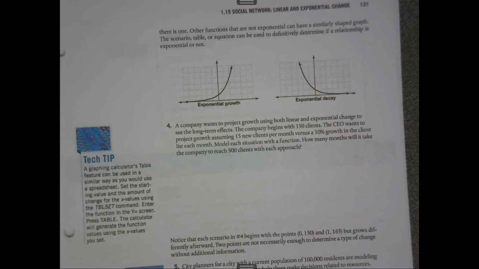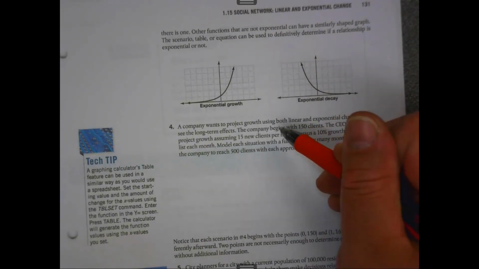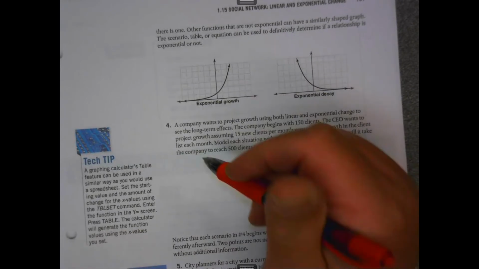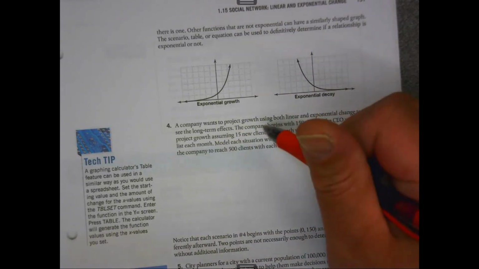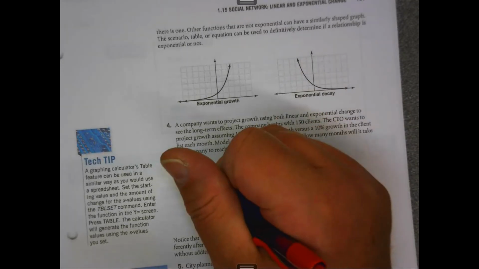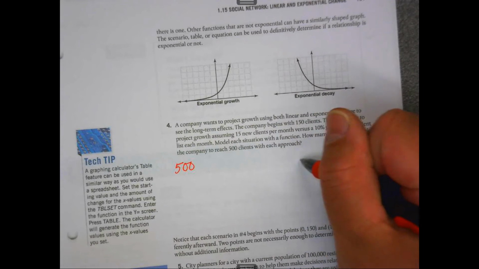Okay, so let's look at the first one. We're adding 15. What do they want? 500 clients. So there's our y. Both of them are going to have 500.